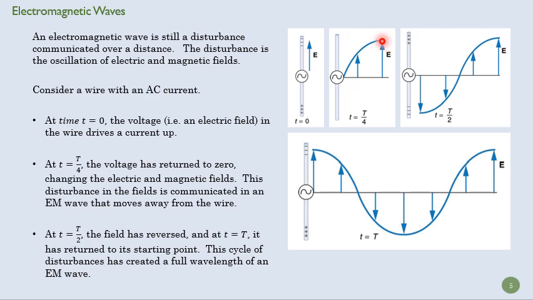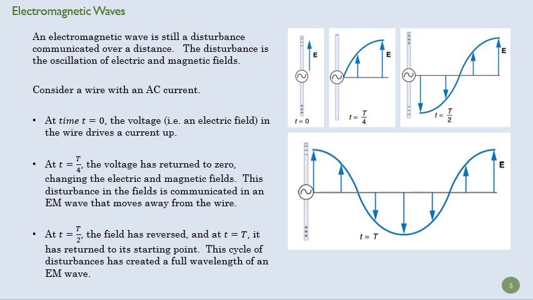So this is the field that was created at time equals 0, right? Is now moving away. At time T/2, here's the field that was created at time T/4. That's now moved to here. And our time equals 0 part of the wave has moved to here. And then we continue to move. So at time equals capital T, that is one period. We're back where we started originally with a voltage that's high in this direction.